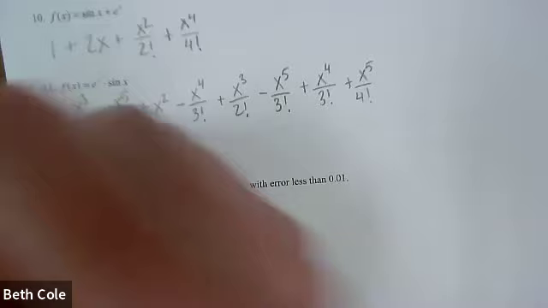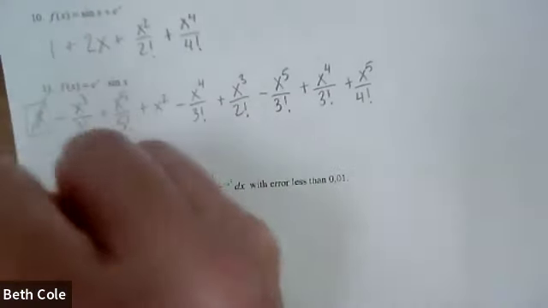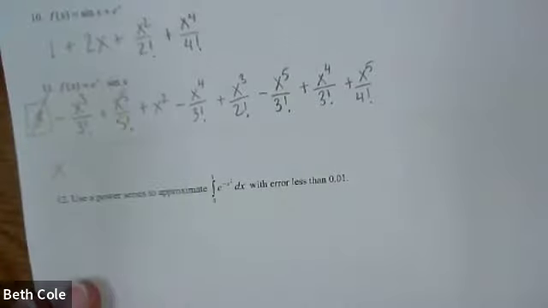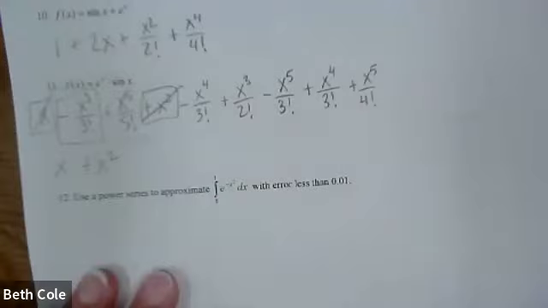Does anything go with the just plain x? No. Okay, so just x. I'm going to cross them off as I go because the problem makes me angry and it's satisfying to cross things out. All right, and then do I see an x squared? Yes, does anything go with it? No. All right, so just plus x squared. Now we're at x to the 3rd. I have a negative x to the 3rd.